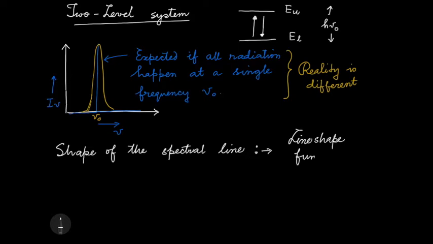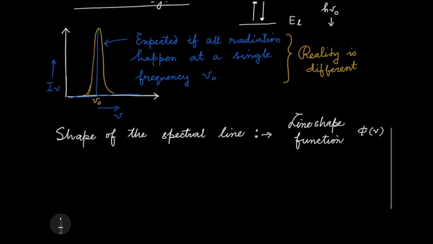This is given by a function we call the line shape function, and it's usually denoted by phi nu.